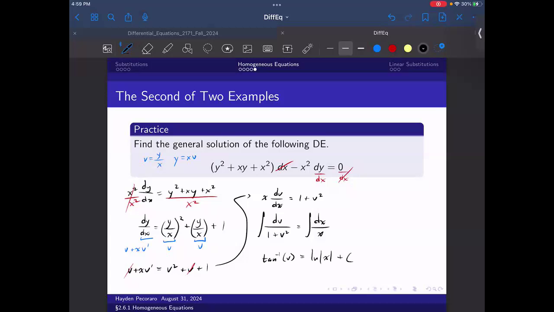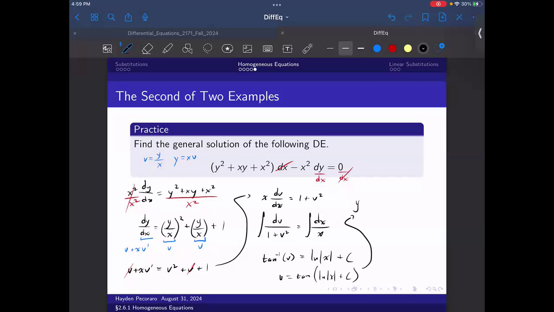Sorry if that's what you were going for. All right. And then last things last, we want to solve for y. So we have v equals tangent of all of this stuff. And we know what v is.